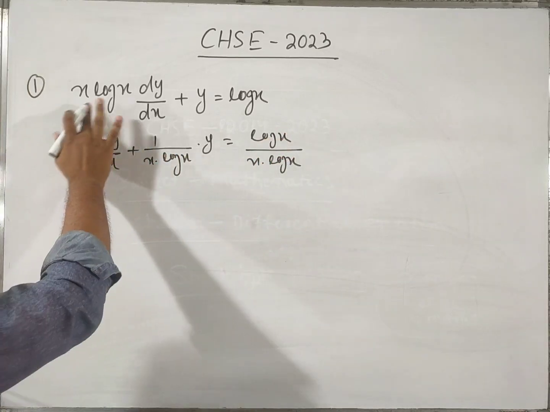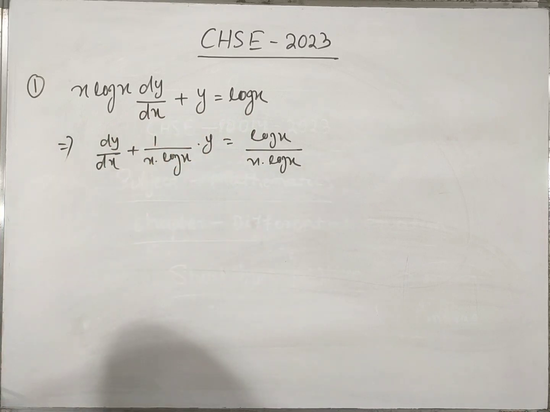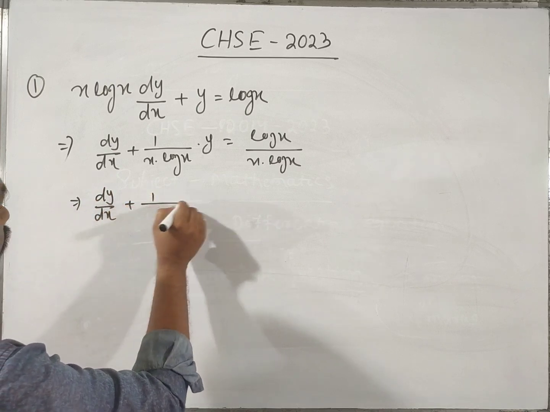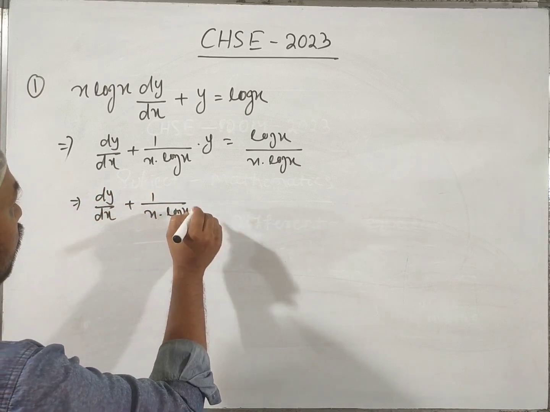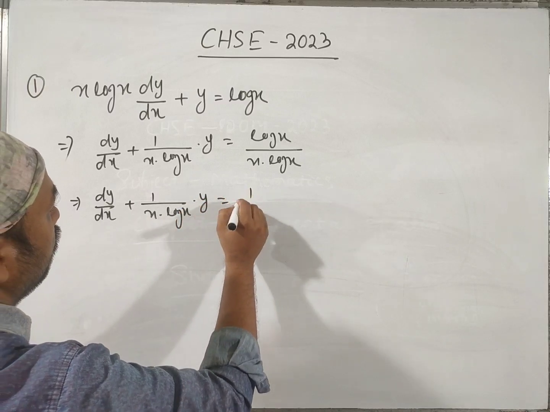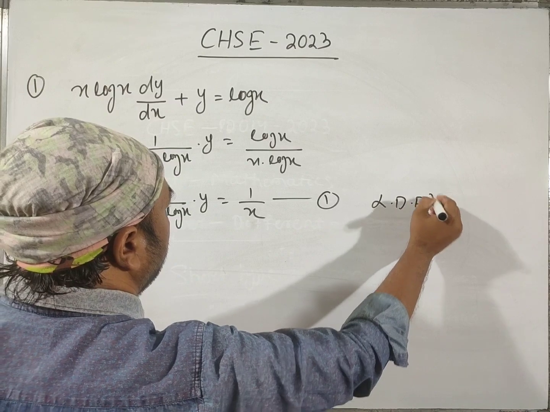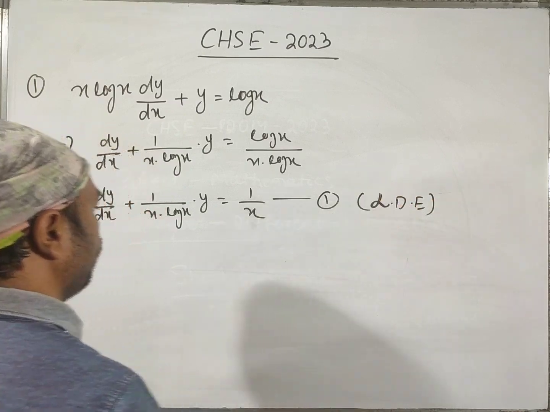I have divided x log x into each and every term, both on the left hand side and the right hand side. Then it will be dy upon dx plus 1 upon x log x into y equal to 1 upon x, and this is a linear differential equation.